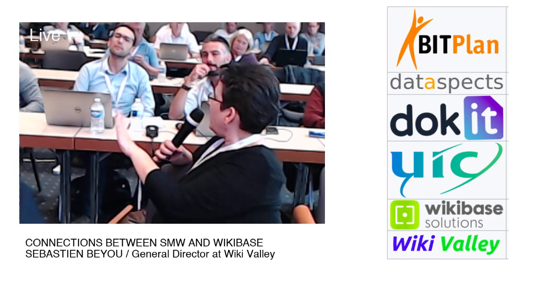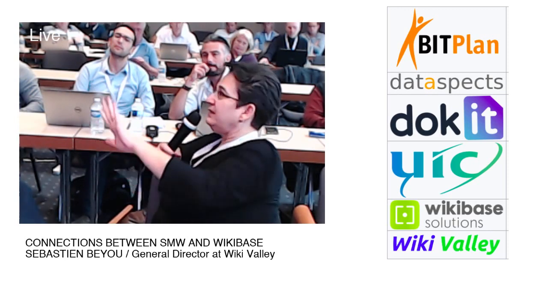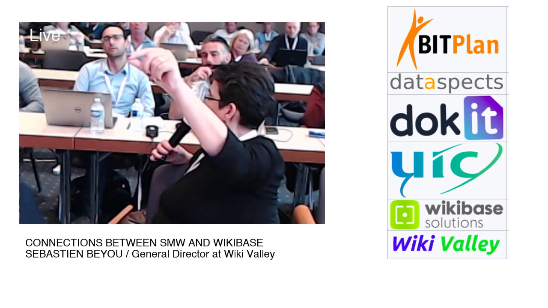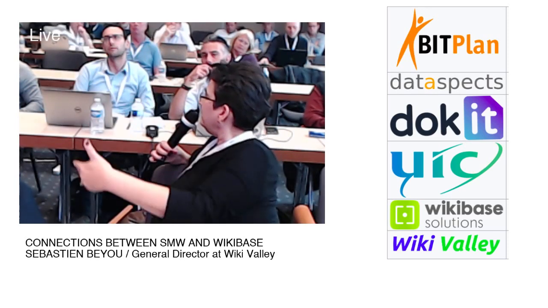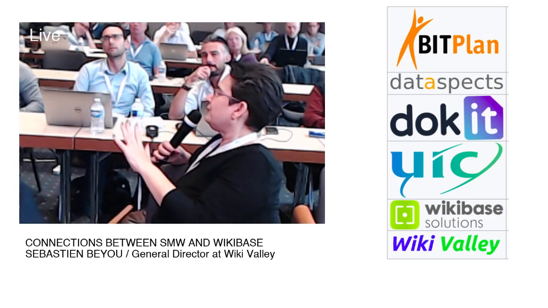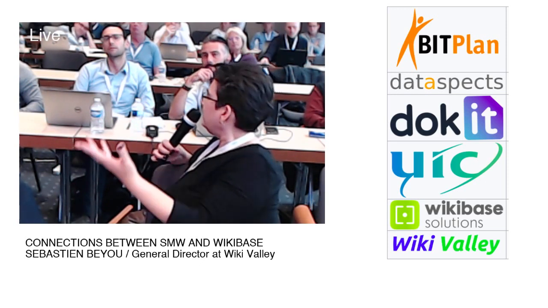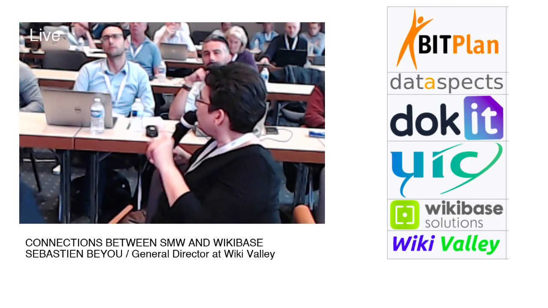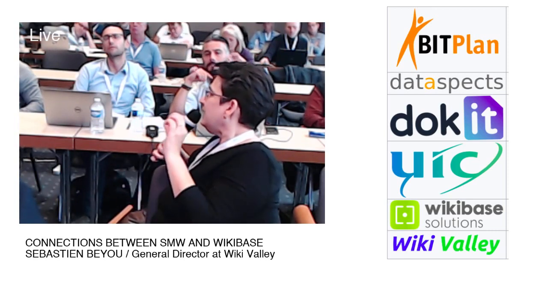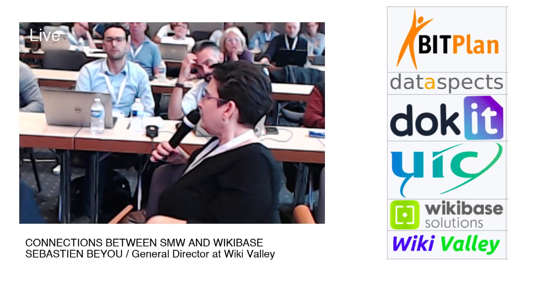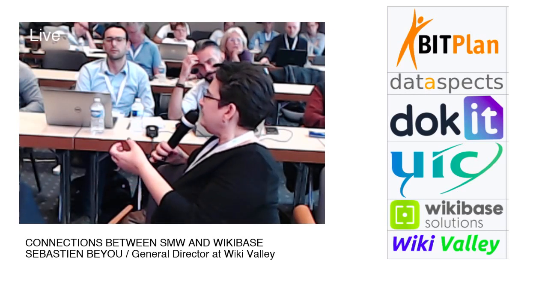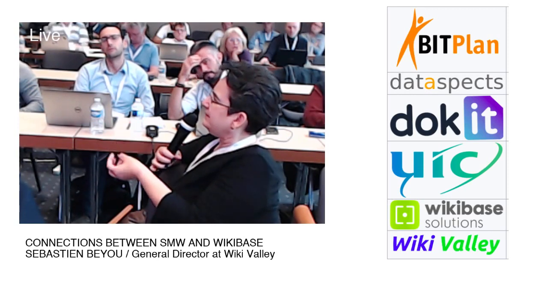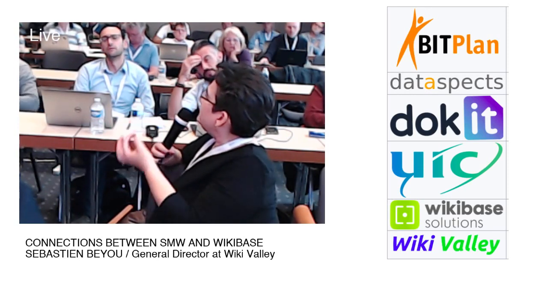Wikibase is a repository for data, where your pages are going to look like these lists of data attributes. It's not a user-friendly representation of the data from the perspective of the casual reader. But even more important than that is the fact that Wikibase has inherent in it the fact that data does not exist, what is in Wikibase is claims about data.